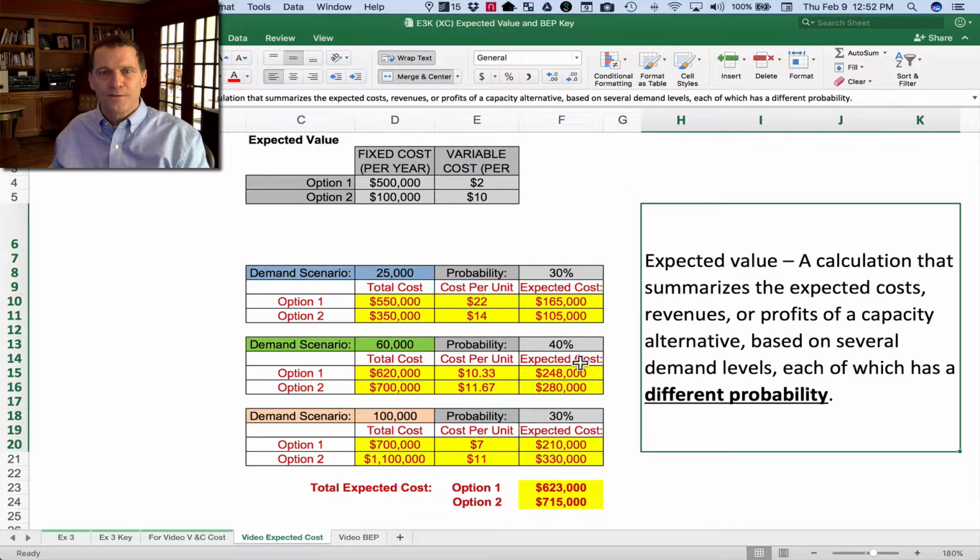Here we had 30, 40, and 30% probability. Those percentages are so close across the three different demands, which are very different, 25,000, 60,000, and 100,000. This is 4 times, right? And there's not a big swing to the middle.